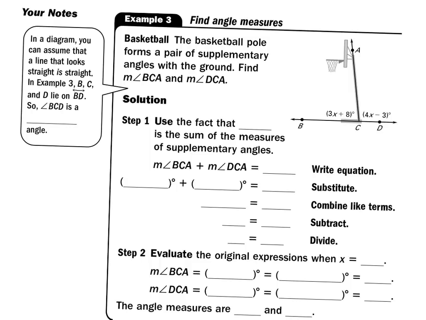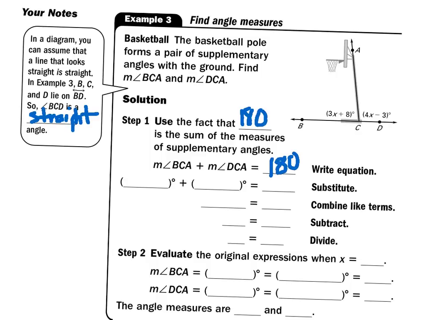So this bottom line is a straight angle. Use the fact that 180 degrees is the measure of supplementary angles. So we can say that BCA and DCA together is 180.